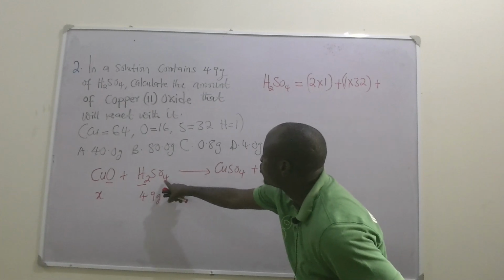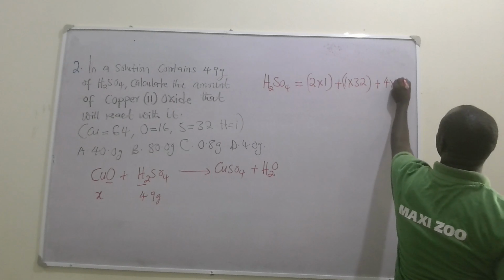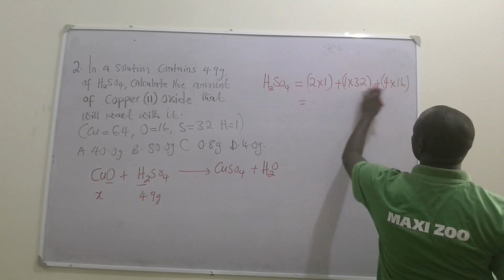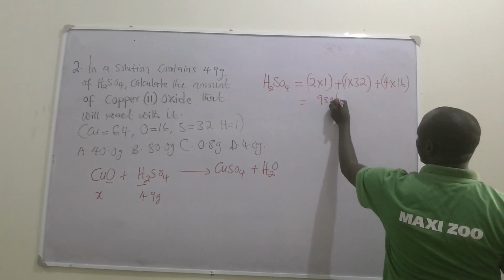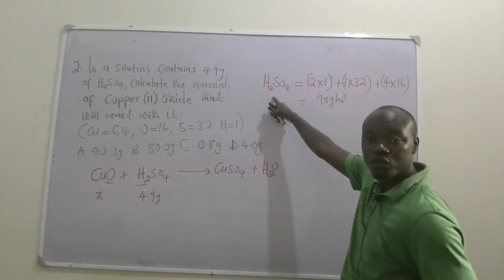We have 4 oxygen, so 4 times 16. Close brackets. So after we add everything, it is going to give us 98 grams per mole. So this is the molar mass of H2SO4.